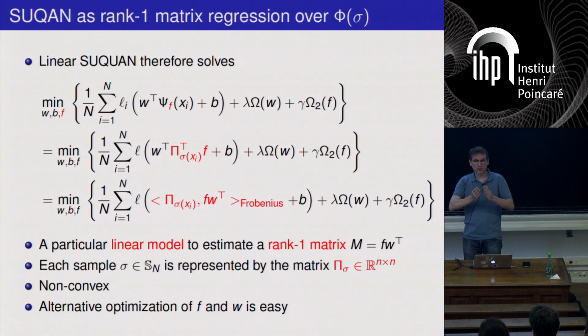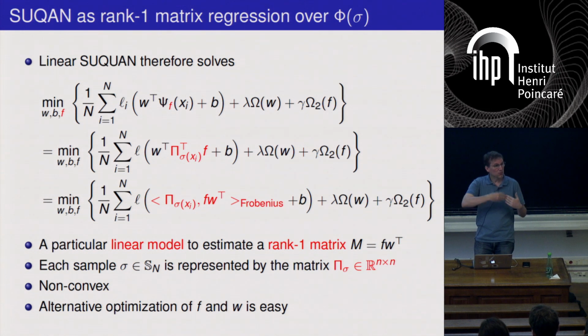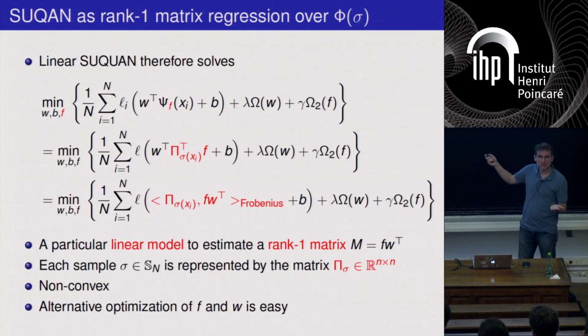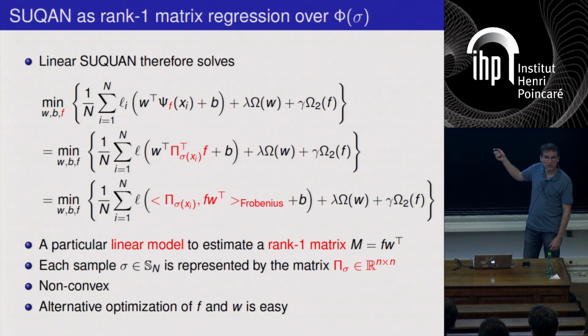F was supposed to be just the target histogram. W was the linear model after normalization. But if you combine them and see what you really do when you do normalization followed by linear model, you just multiply this matrix pi, the one with binary entries, by a new matrix F W transpose. And your question is how to optimize F and W so that this is a good linear model.